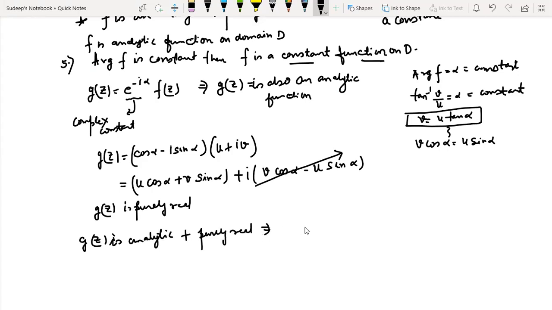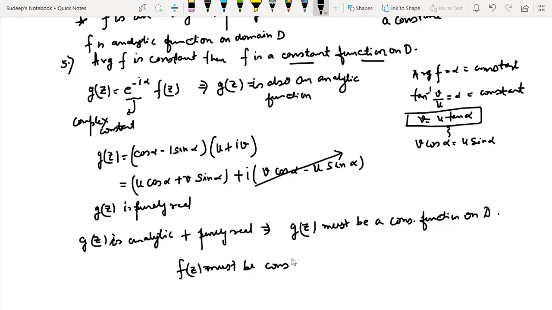It implies g(z) must be a constant function on D. If it is a constant function on D, then it implies that f(z) must be a constant function. See, from this construction, you can find that f(z) must be a constant function.